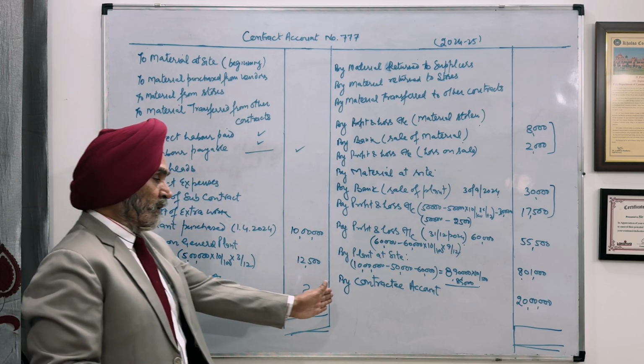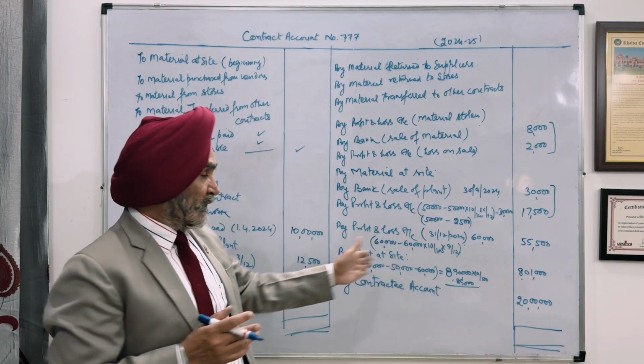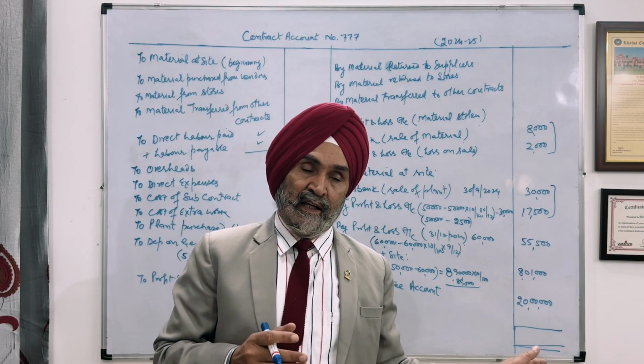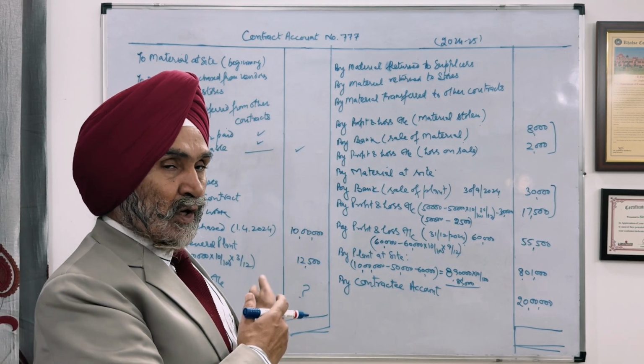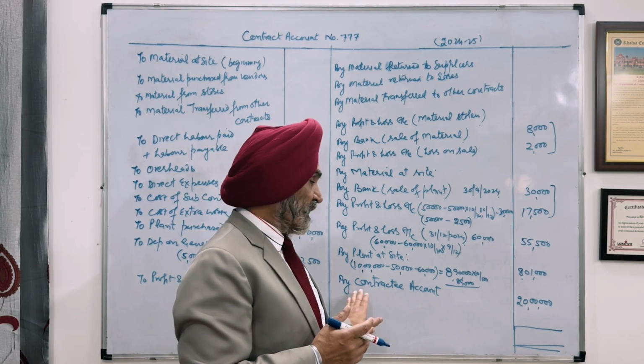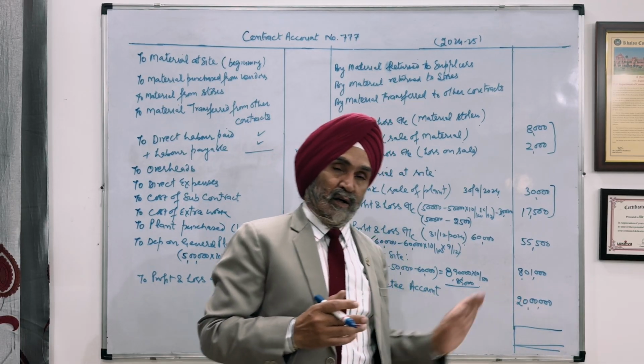If loss, by profit and loss account. So wherever the difference comes, it may come on the debit side, it may come on the credit side. If the credit side is bigger, it will be a profit. If the debit side is bigger, it will be a loss. Again transferred to profit and loss account.